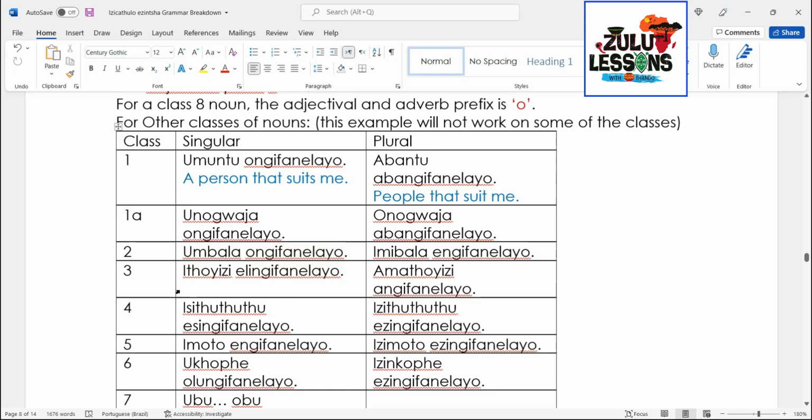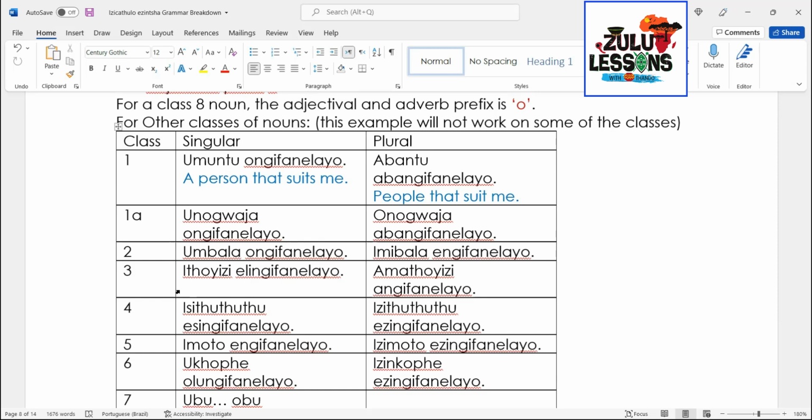Itoyizi for a class 3 noun. Itoyizi is a borrowed word from English, as in a toy. In English, you would say a toy and then plural toys. But we've taken the word toys and we say itoyizi for a singular word meaning toy, and amatoyizi for plural meaning toys.